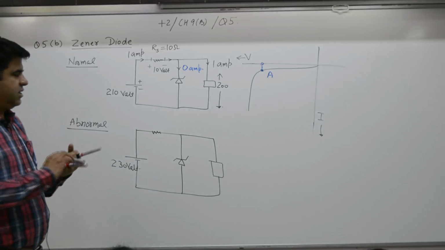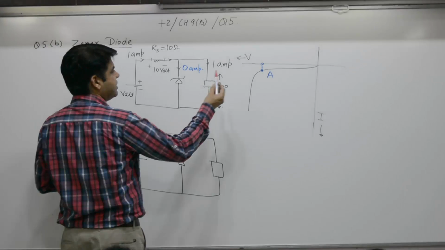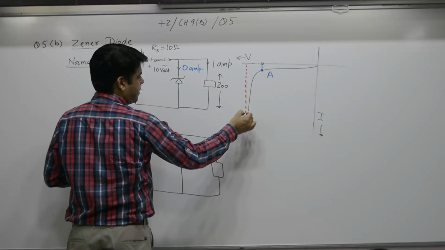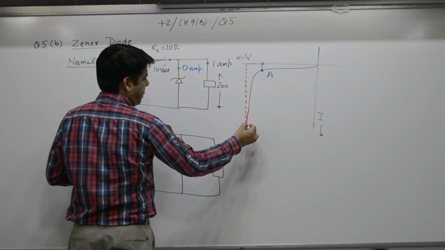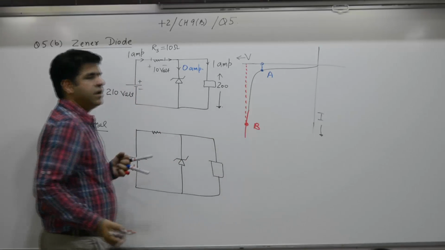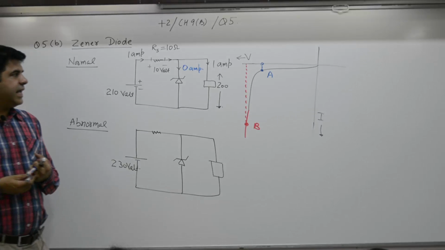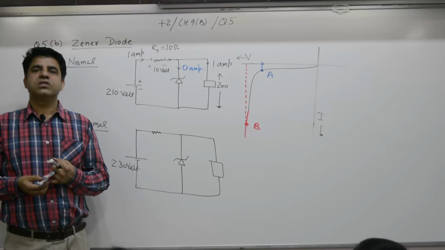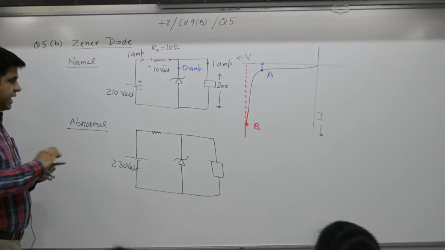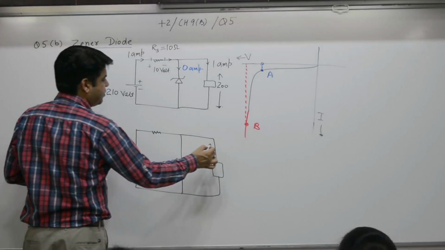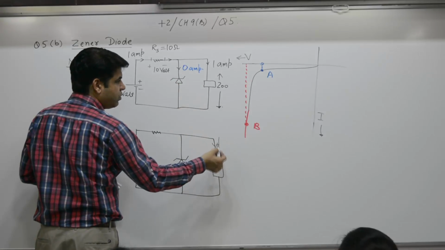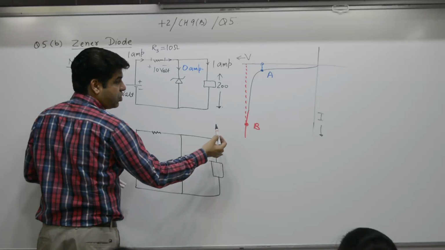Means what? Yes, voltage increases. If voltage increases, now Zener is operating not at A but at B. So current flowing through the Zener will also increase. As an example, suppose TV continues to draw 1, no doubt it will draw slightly more because voltage has increased.